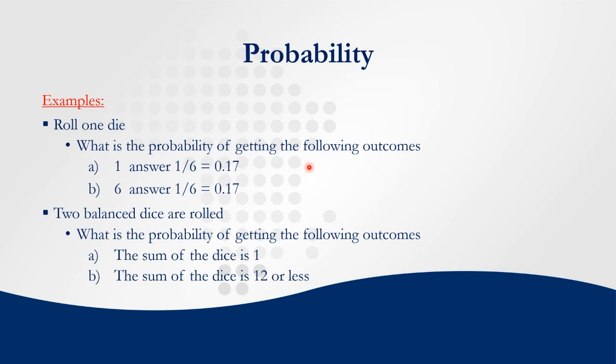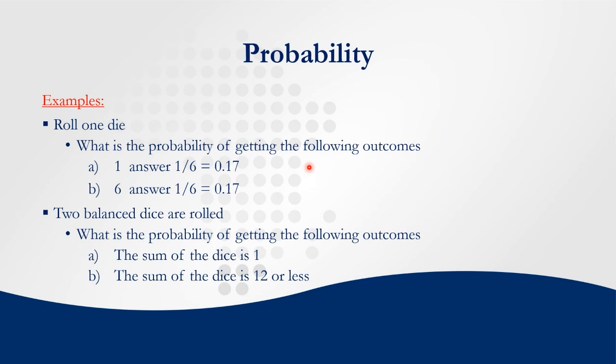And then if we look at 2 balanced dice, there I rolled 1, here I am rolling 2 dice. I roll them. When they land, I will be having 2 numbers, one number appearing on the first die, the other number appearing on the second die.